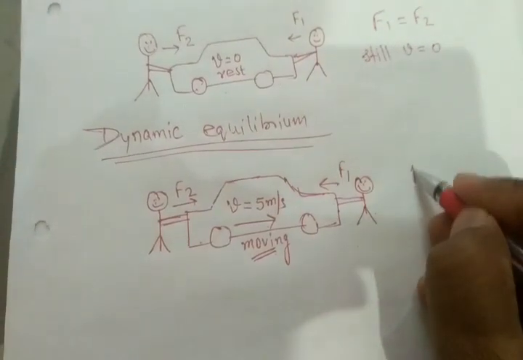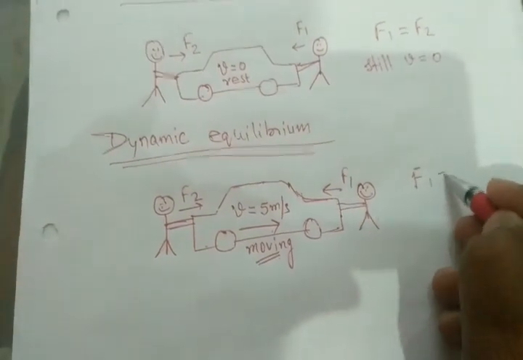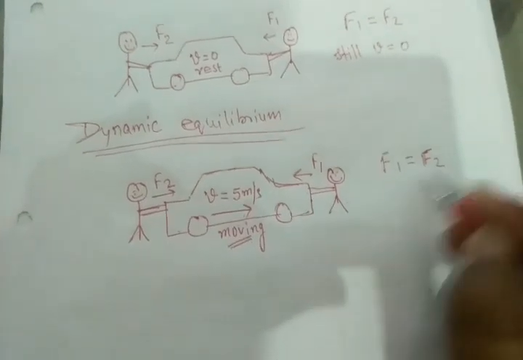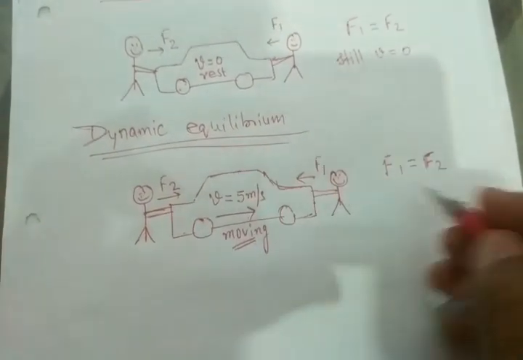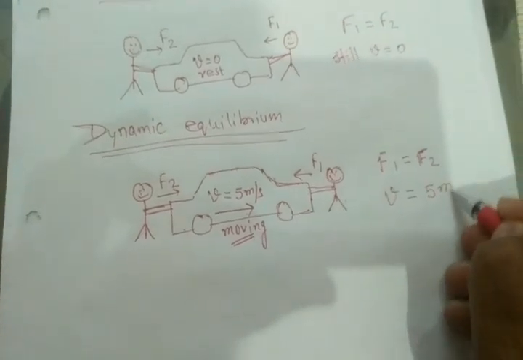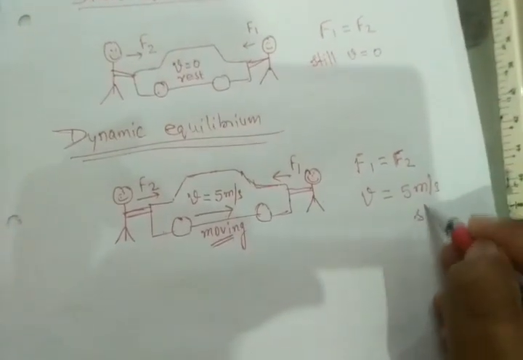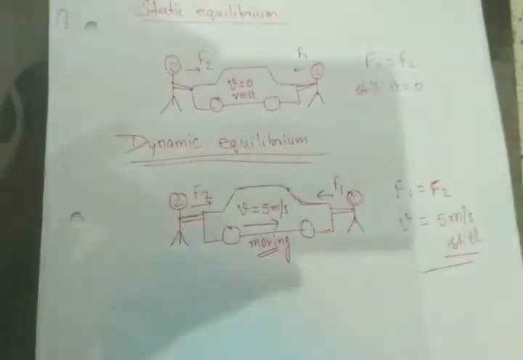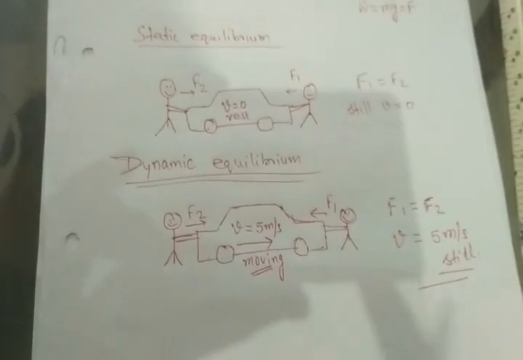And suppose the force F1 is equal to F2. So what will you say? There will be no change in the velocity of the car, meaning the velocity will still be 5 meters per second. So this case is called dynamic equilibrium.